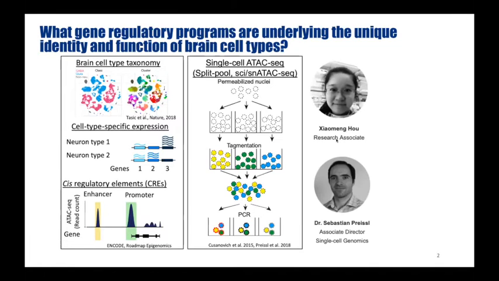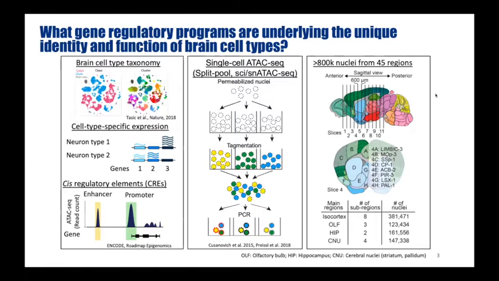But right now, with the help from Dr. Sebastian Preissl and another research associate in our group, who adapted a combinatorial barcoding approach to profile ATAC-seq signals from single cells, we developed this experimental pipeline and applied it to one kind of tissue, which I'm going to talk about today, the mouse brain.